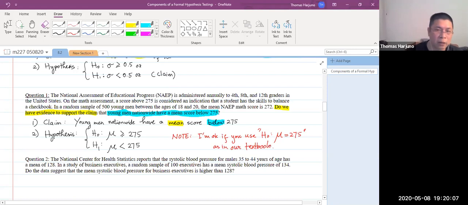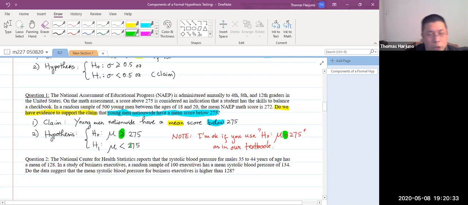That's just about style. So if you want to use an equal sign for your null hypothesis instead of something like greater than or equal to in this case, you are fine. However, your alternate hypothesis has to be like this in this question.